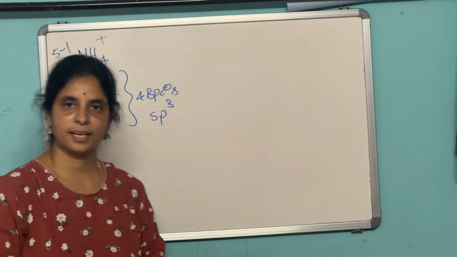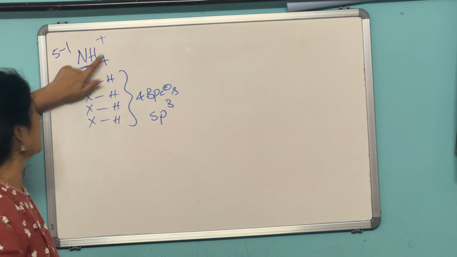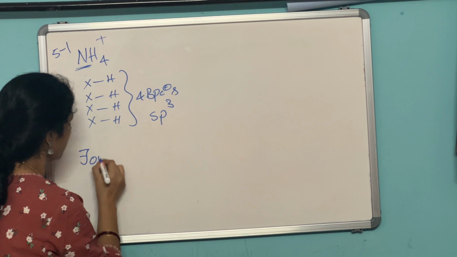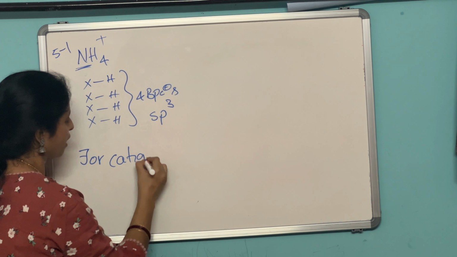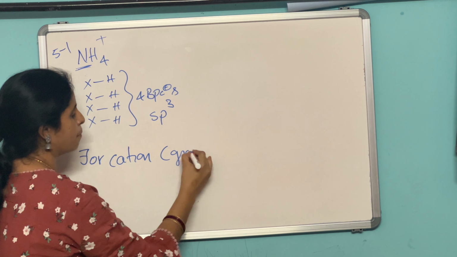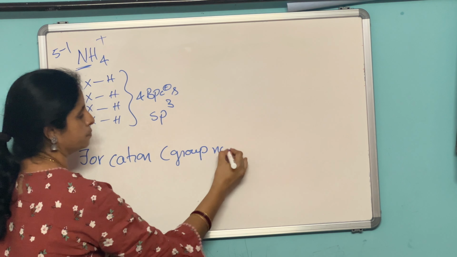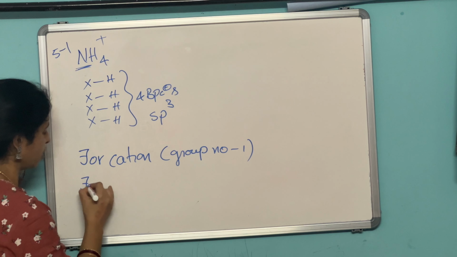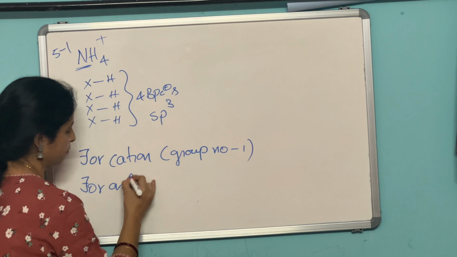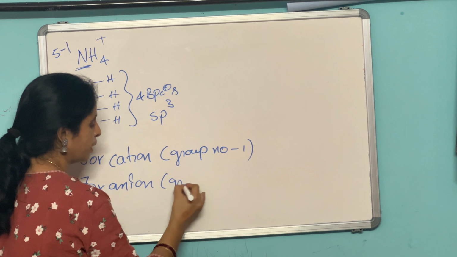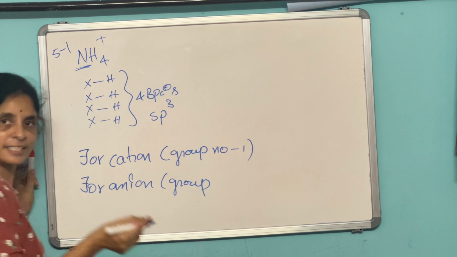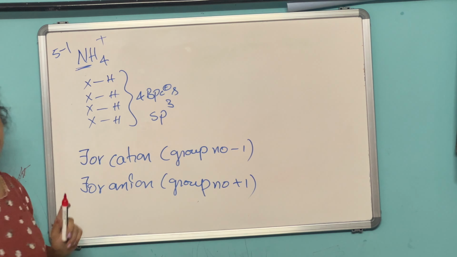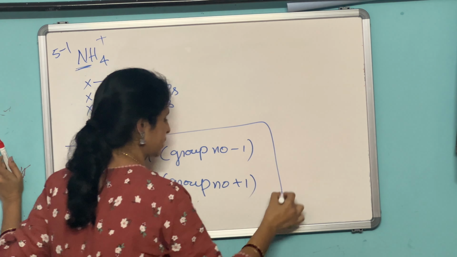Clear? For a cation, make a note: same procedure, group number minus 1. For an anion, electrons are gained, so group number plus 1. Make a note of these 2 points.